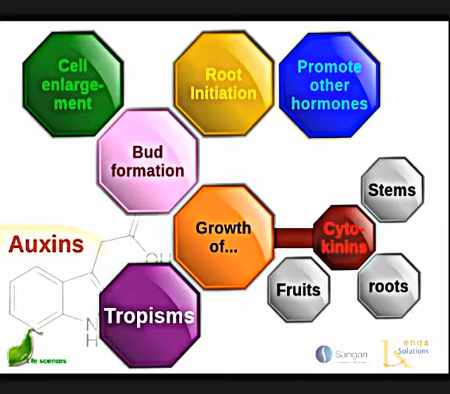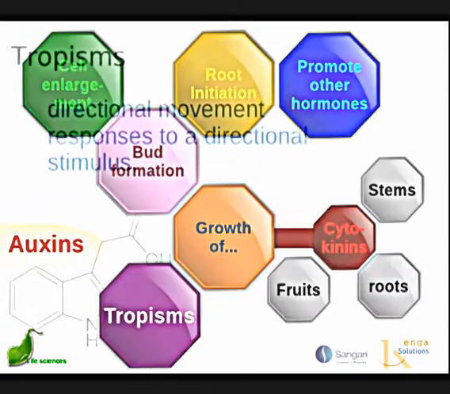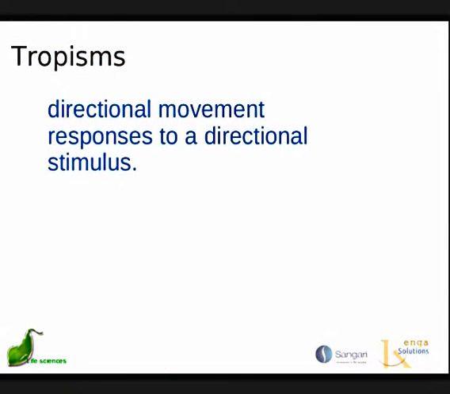Auxins also tend to be produced at the tip of roots and shoots, and one of the best ways to see what the influence of hormones are within plants is to look at the role of auxins and their influence on tropisms. Now, tropisms represent a directional movement or growth response to a directional stimulus, such as light or gravity or the availability of water.